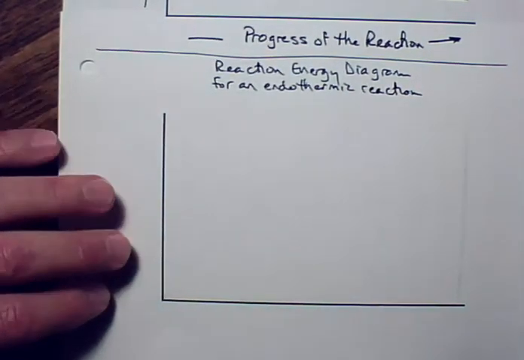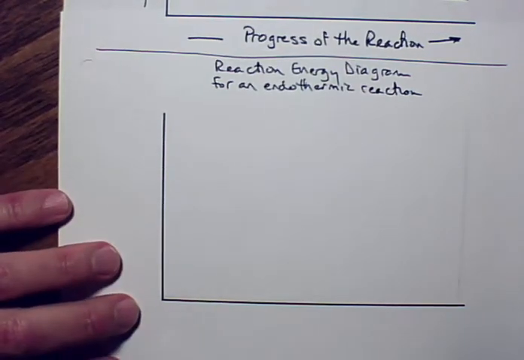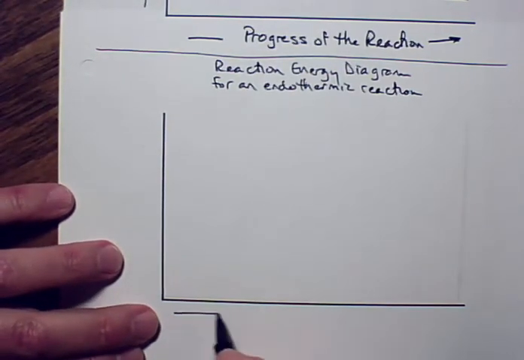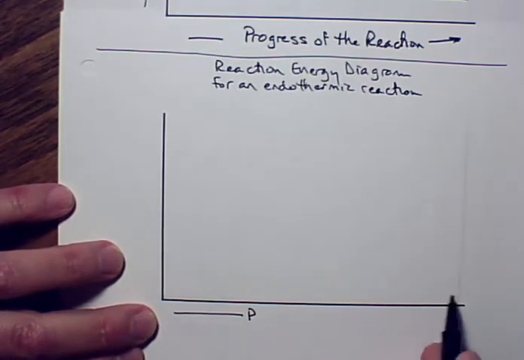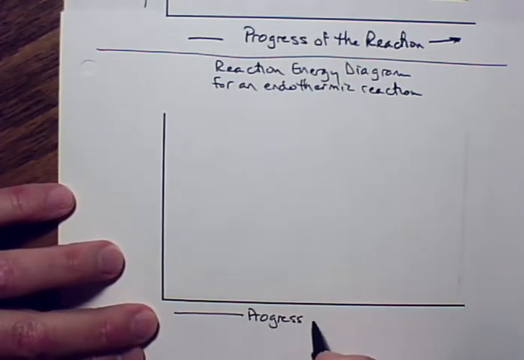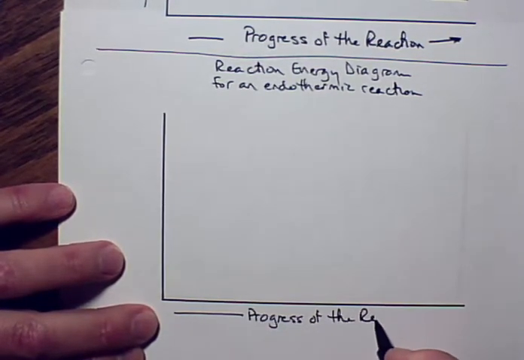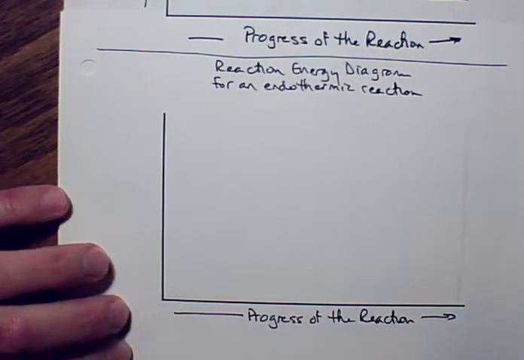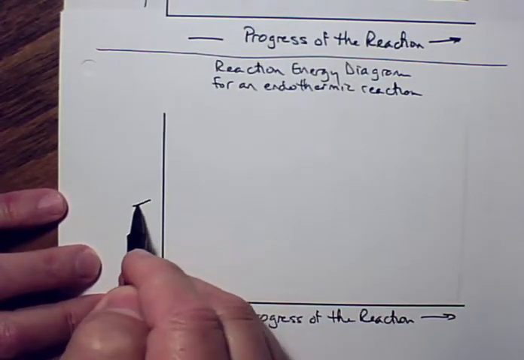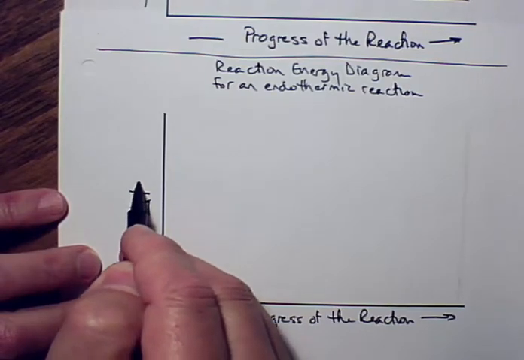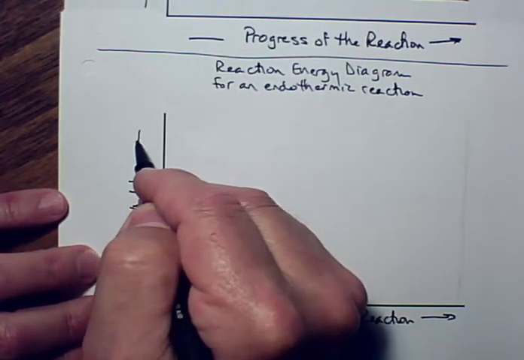And then we'll add the catalyst in there in a minute. Again, we're going to have progress of the reaction at the bottom, or as I said, you can say reactants on this side and products on this side, if that's the way you prefer to label it. Okay, we're going to have the change in enthalpy or the change in stored energy in the system over here.